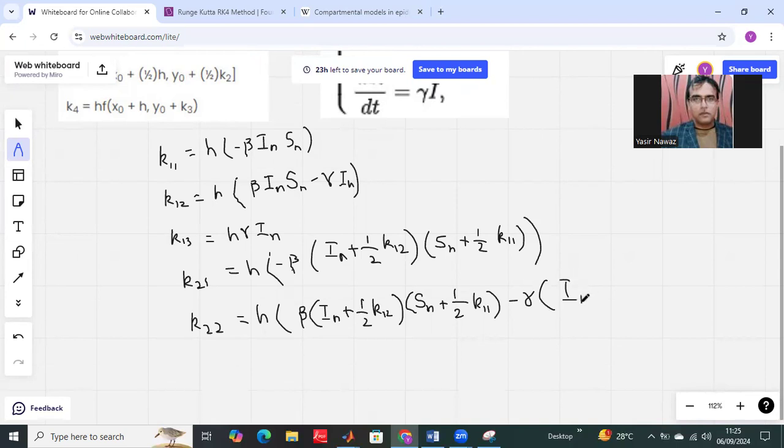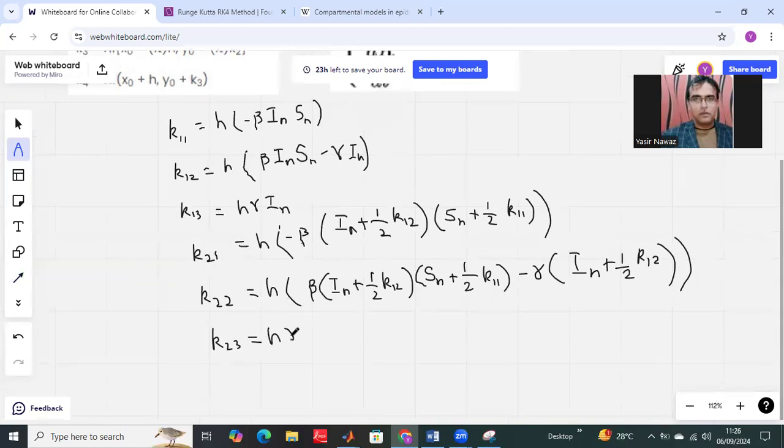For I, it would be IN plus 1 over 2 K1. Then K23. K23 would be H and then gamma and then IN plus half K1. And this is the first stage for three equations.